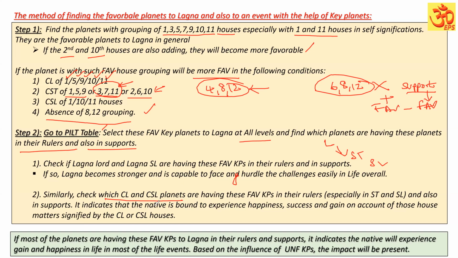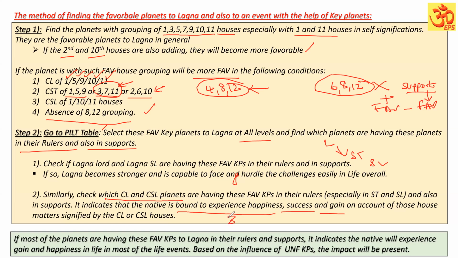Similarly, which cuspal lord or cuspal sublord planets are having these favorable key planets in their rulers, it indicates the native is bound to experience happiness, success, gain and progress on account of those house matters signified by the cuspal lord or cuspal sublord of the houses.